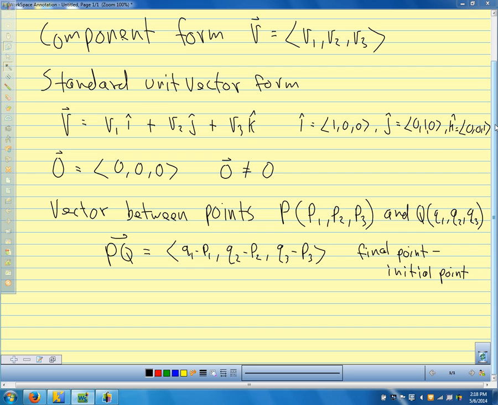That would be our component form of the vector between those 2 points. And this is exactly what we did with vectors in the plane. We just didn't have this third component. We just had 2 numbers to deal with.